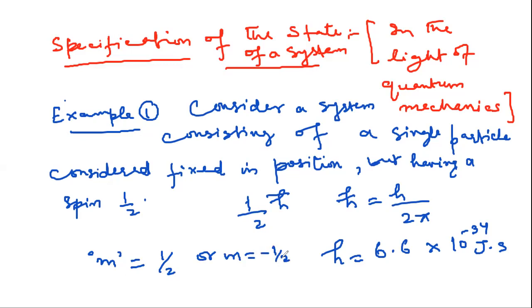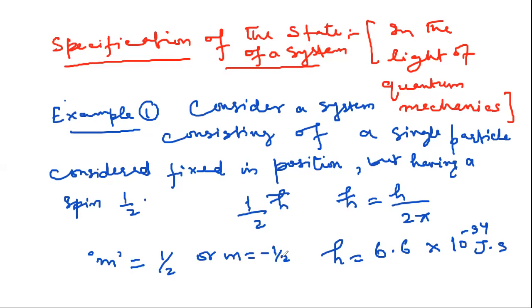And we roughly say that the spin can point either up or down with respect to the z-axis. So it is the value of this quantum number M which specifies the state of this particle.